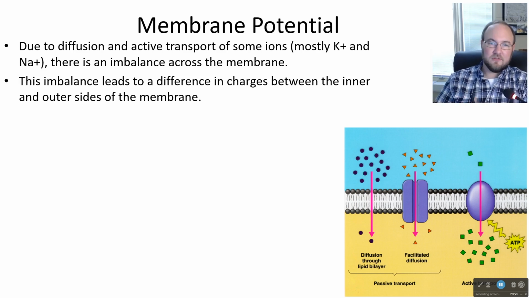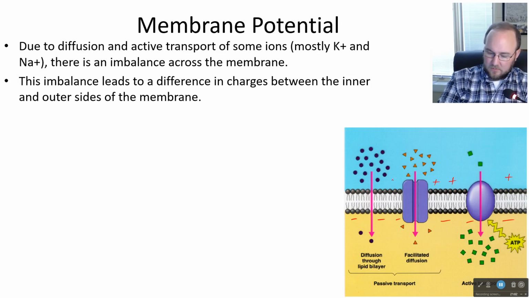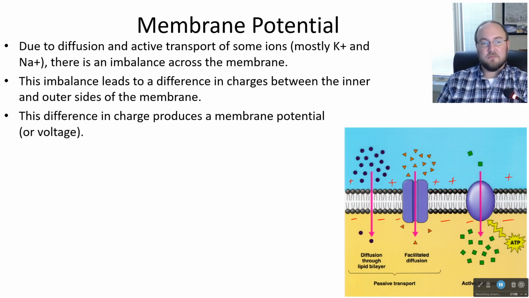This imbalance causes a difference in charge, usually something like this: a negative charge on the inside, and an overall positive charge on the outside of the membrane. This difference in charge produces the potential for energy to be transferred, a membrane potential, or a voltage.